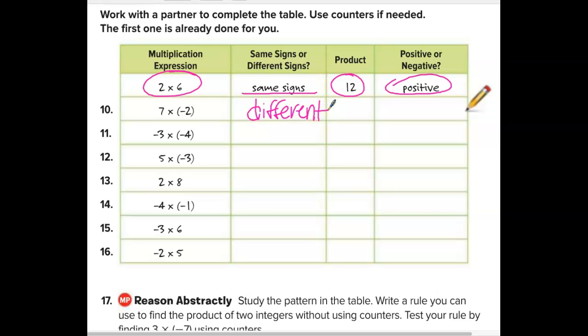And what is the answer? If you don't know, you draw it out. Brock? If I make 7 groups of negative 2, it would be positive 14. Wait, 7 groups of 2 negatives.